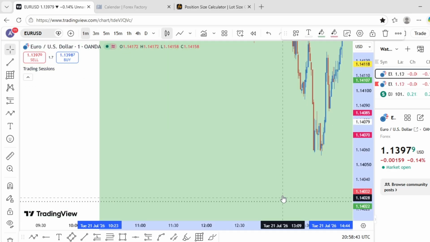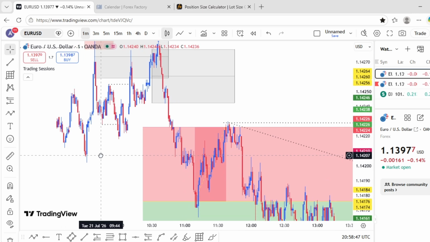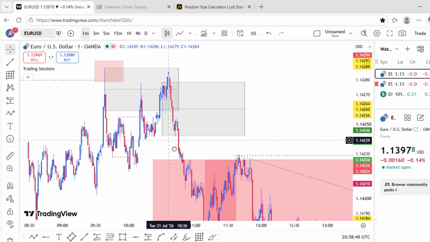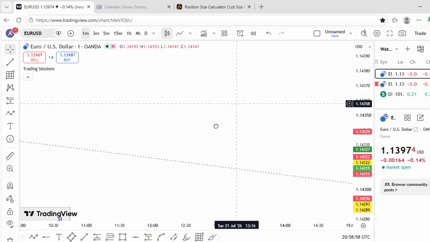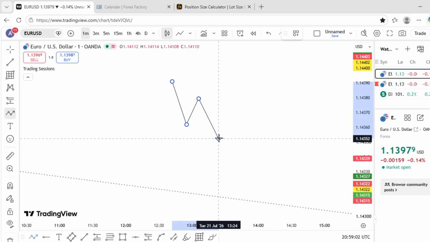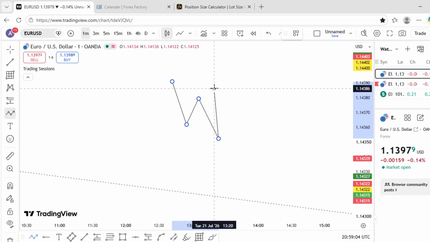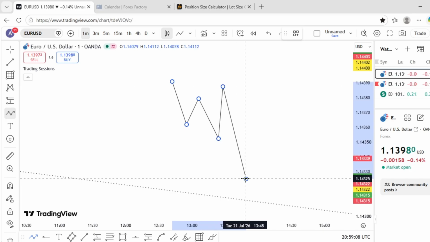We took out liquidity, we came down, we took out this low, then I marked out this high. This is why I marked out that high. From this, I want this high to be taken, just like the normal trade scenario I showed you earlier, and then we'll start selling.